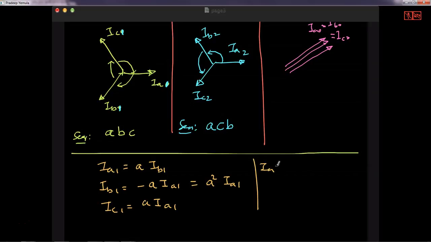IA1 is equal to IA1. IB1 is equal to A square into IA1. And then IC1 is equal to A into IA1. So I can represent everything in terms of IA1.